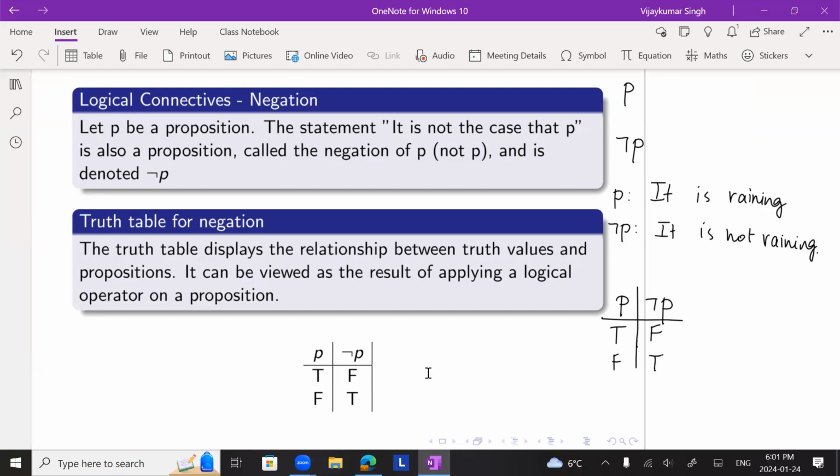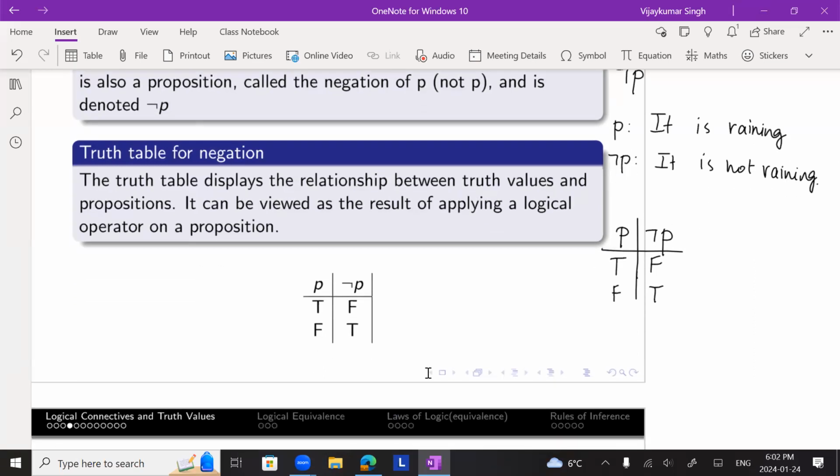So what you notice here is the following. If P is a statement, we do not already have a truth value associated with it. We are analyzing all possible values associated with the statement P, because P could be true, could be false. We don't know.